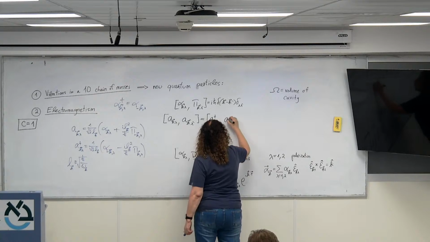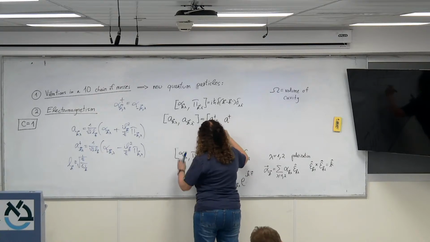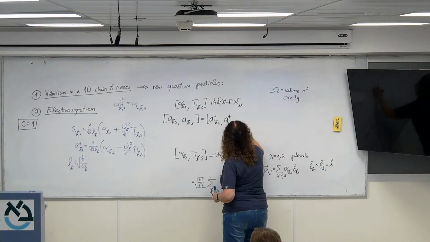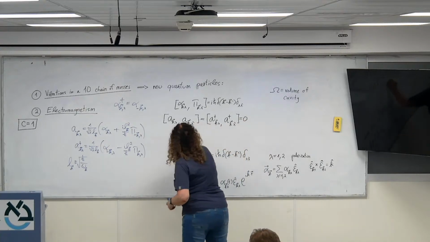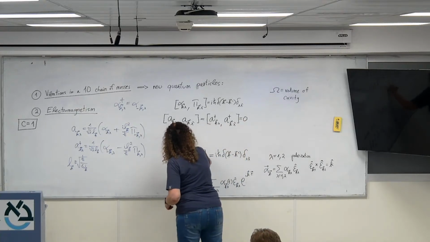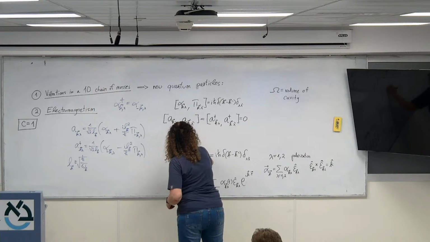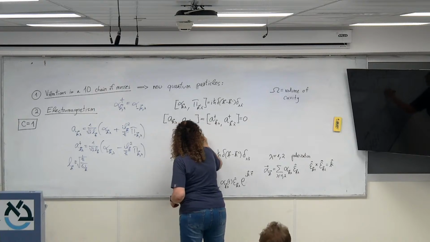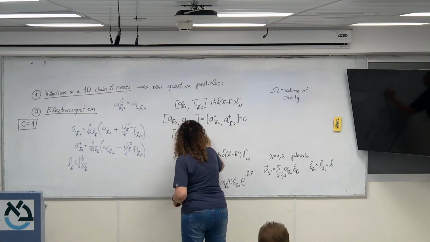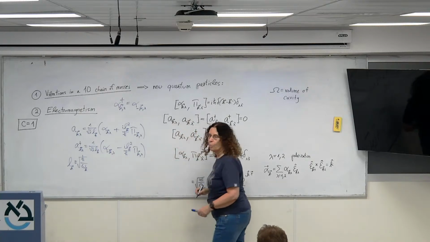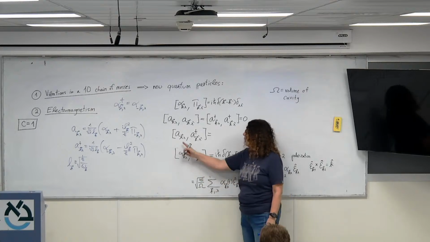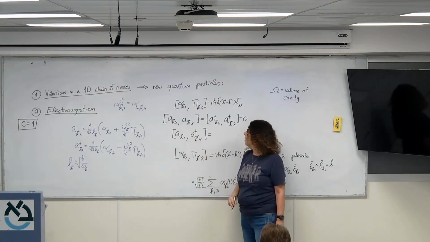So A and A dagger are commuting, but A_K lambda commutator with A_K prime lambda prime dagger is 1, but only if K equals K prime and lambda is lambda prime.